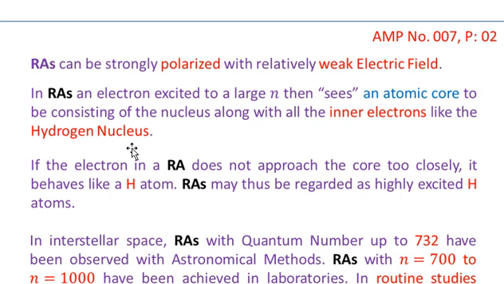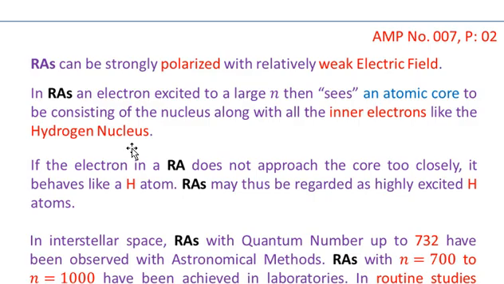Since a single electron is excited to a very high level, the electron at a very large distance away from the nucleus will see the nucleus and the inner core of electrons around it as if the shielding electrons are shielding the nucleus charge. So effectively the nucleus charge will appear to be +1, because the electron is at a very large distance, having a charge -e.